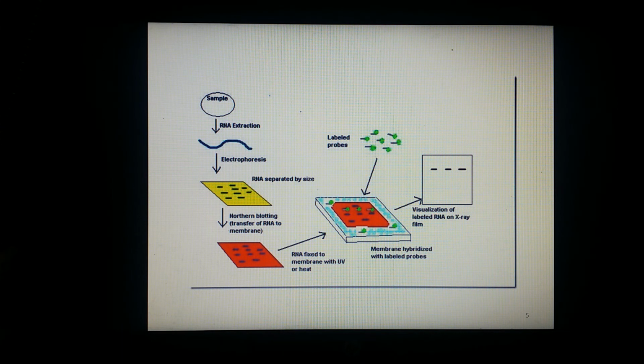After that the RNA is fixed to the membrane with UV or heat, and the membrane is hybridized with the labeled probes. Lastly, the RNA labeled with the probes is visualized on the X-ray film. So this is how the entire process of northern blotting functions.